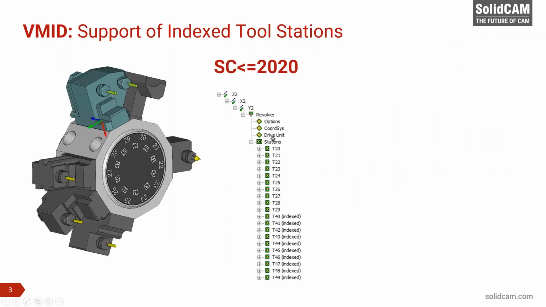The second example, which I see many of you ask about and which comes up very often in support tickets, is how we can correctly support the indexed positions on the rotary targets. Here I will just demonstrate how it was supported in 2020 and earlier versions.